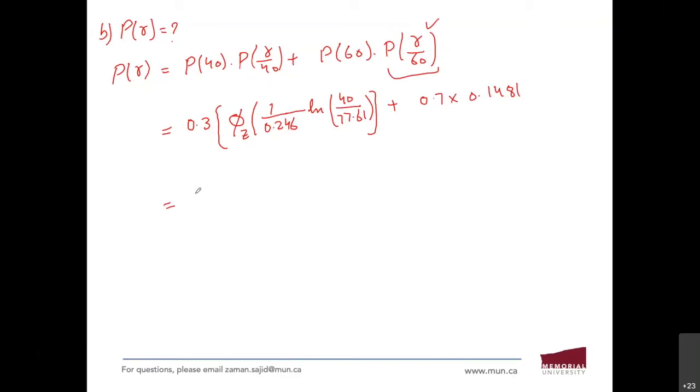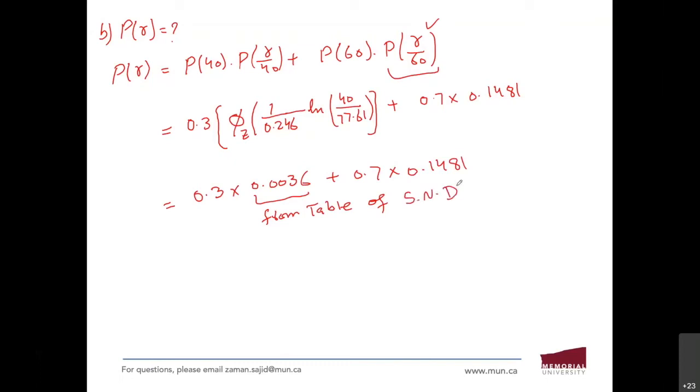I'm going to write down the answer that you will get from the tables. 0.3 times 0.2036 plus 0.7 times 0.1481. Now again, this is not a magic number, it is coming from the tables of standard normal distribution.